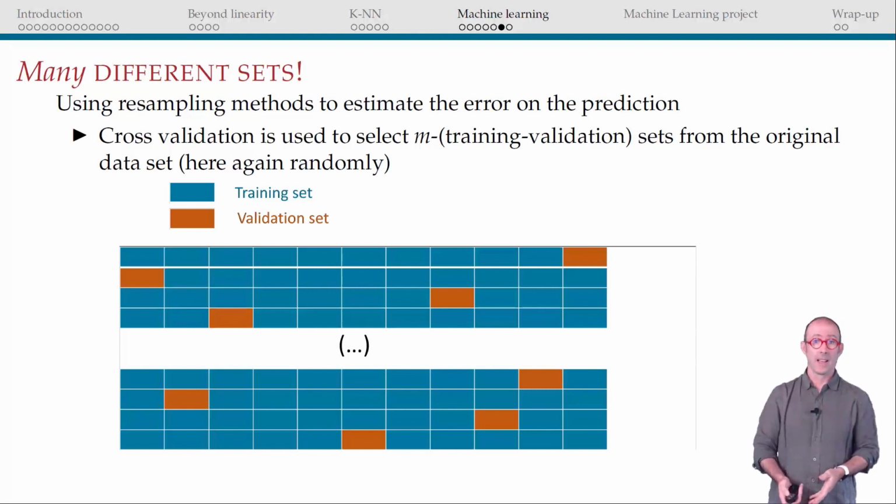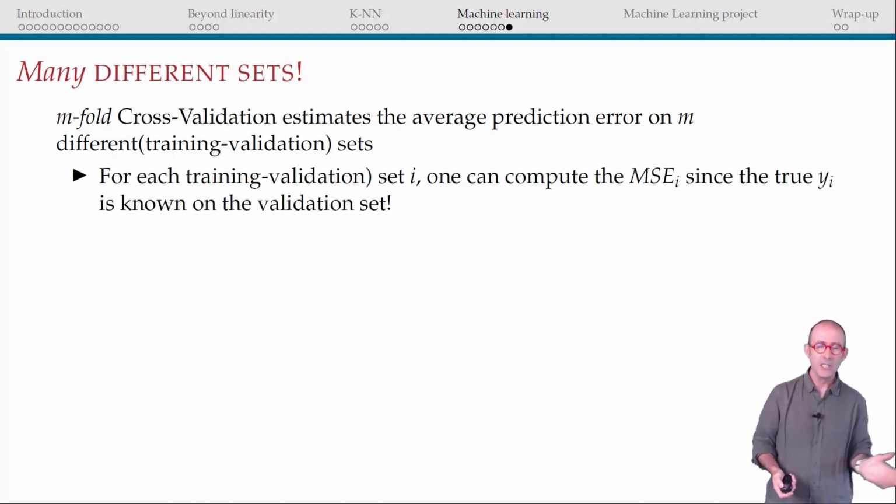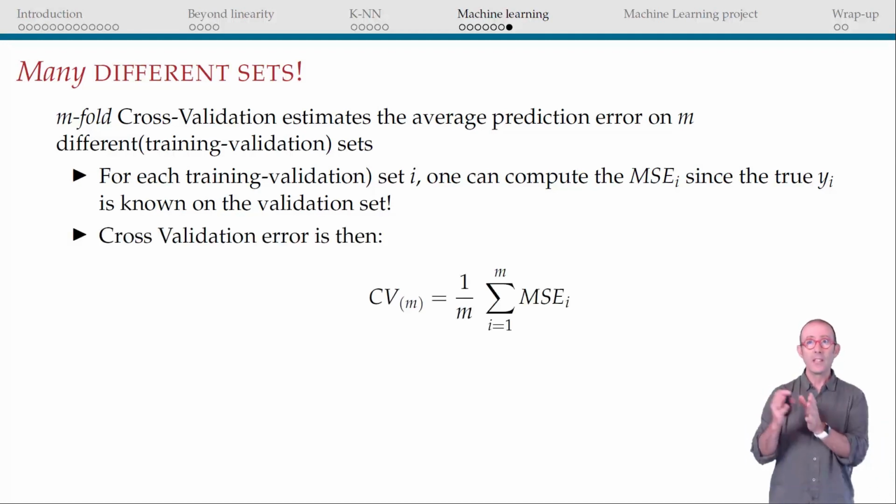And for that, you will do what is called cross-validation or M-fold cross-validation that will estimate the accuracy of your prediction on not only one validation set, but on many validation sets, on M validation sets. And you will select your model, the parameters of your model, for example, the K in the KNN regression, on the basis of the average of the error you make on each validation set.